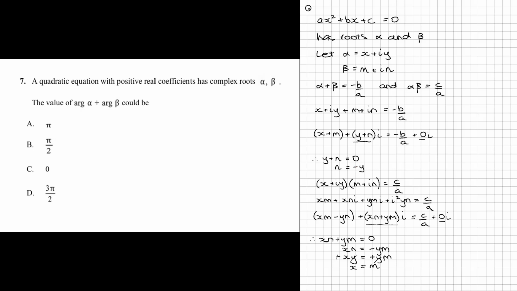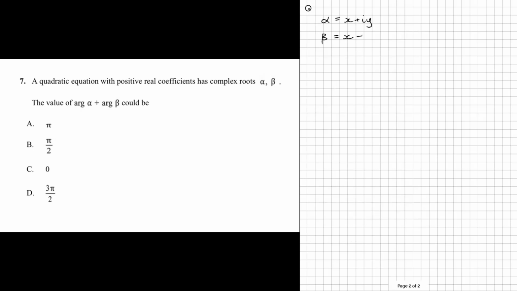So instead of saying plus in, I could say minus iy. And now we can see that alpha and beta are actually complex conjugates, because it's basically something plus i something and something minus i something, where the real and imaginary parts are the same but for this negative.